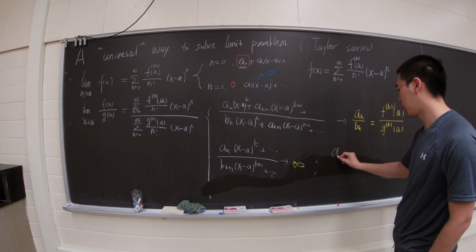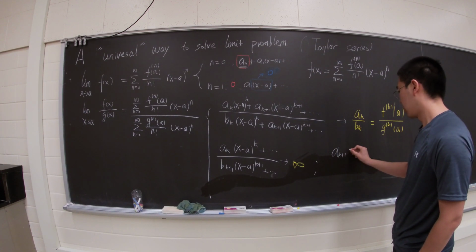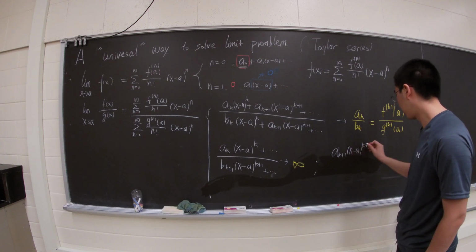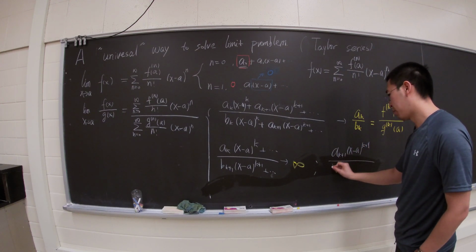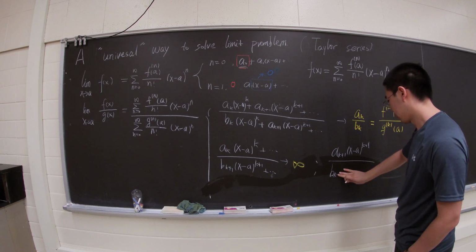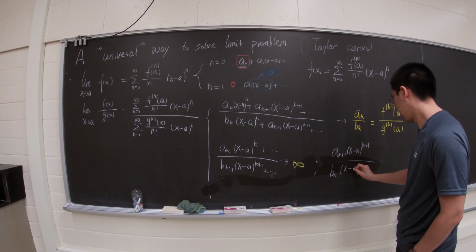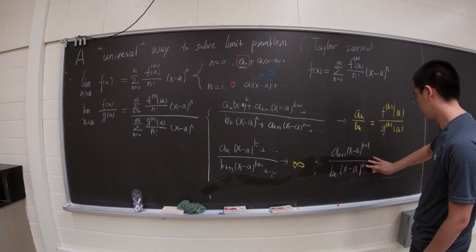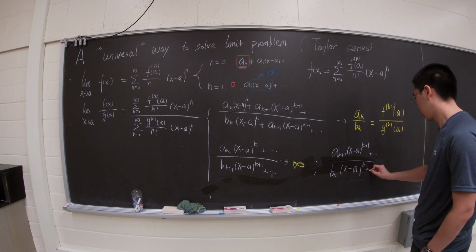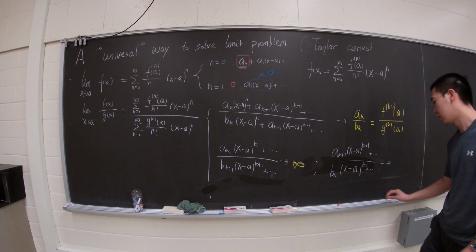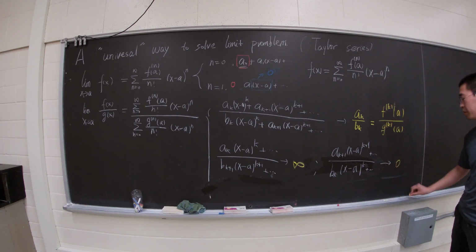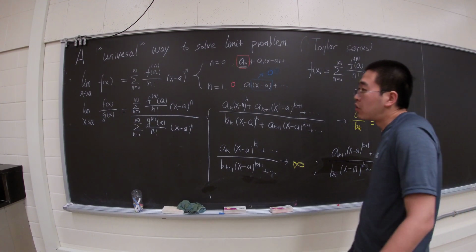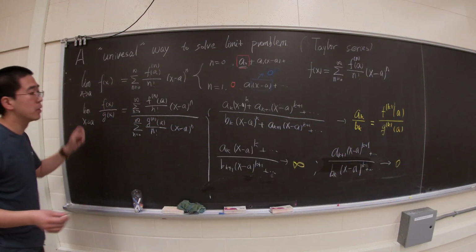And another scenario will be where this is another order. This is a small quantity over a bigger quantity. And the limit of that is 0. So now you see that a has to be a finite number.